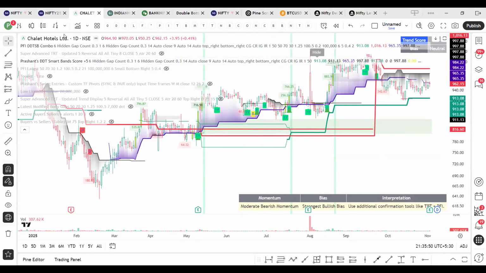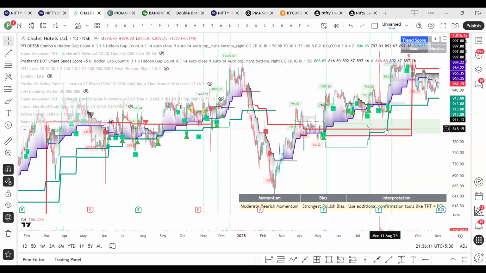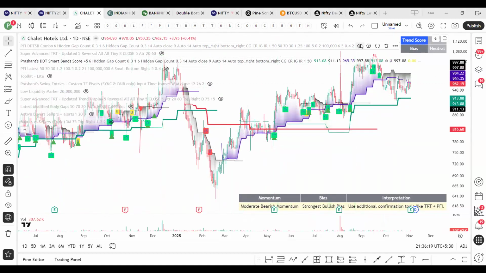Therefore, I would advise everyone to avoid using this combo indicator. Just use it to identify 2 times high PFI, 5 times high PFI. That is one thing which can be checked, and other things like PFI will be fine. But avoid using the bands of this combo indicator, because it has some errors.